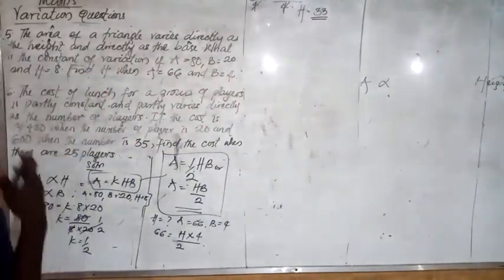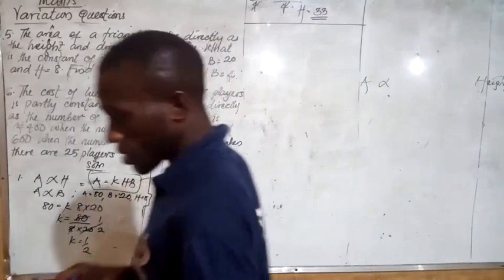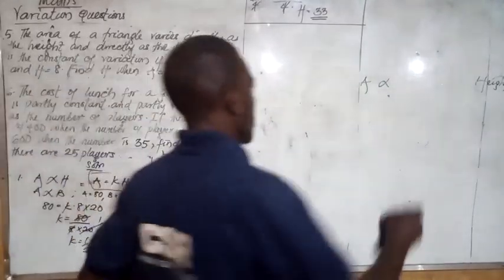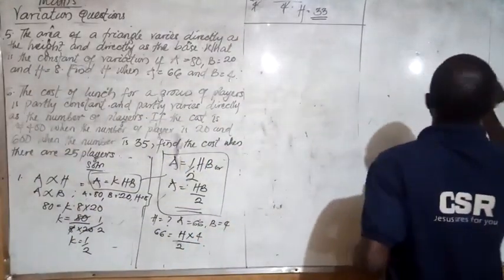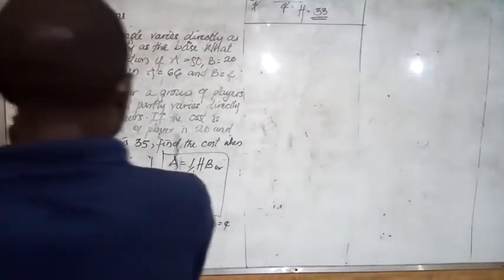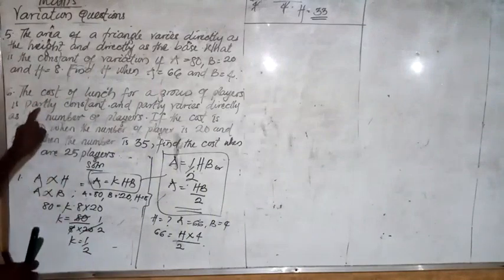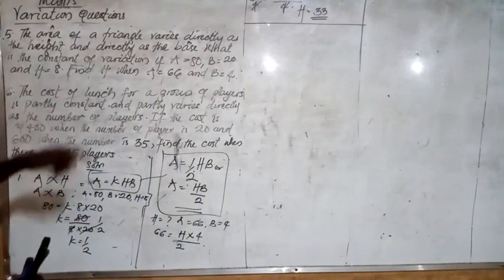Alright, we're going to proceed to number 6. Number 6 is a partial variation. Looking at the words used there, it says partly constant. So it says the cost of lunch.